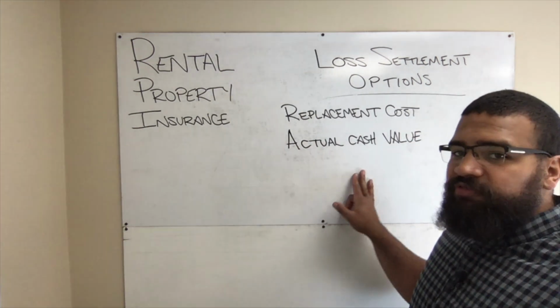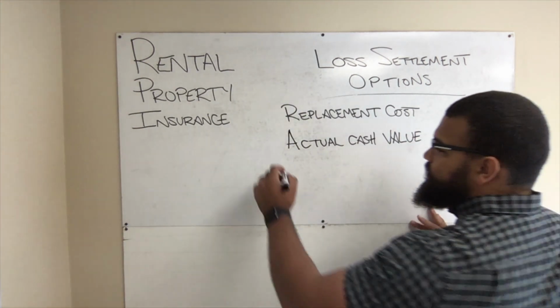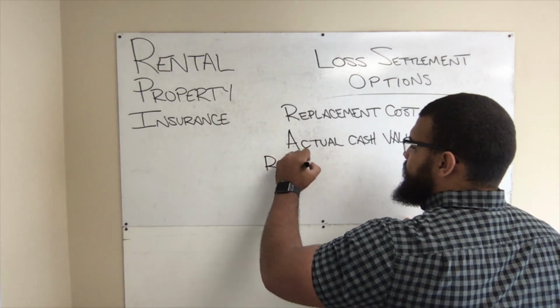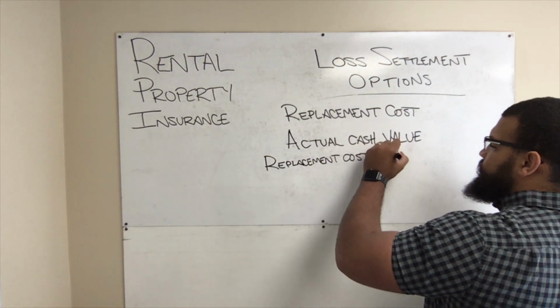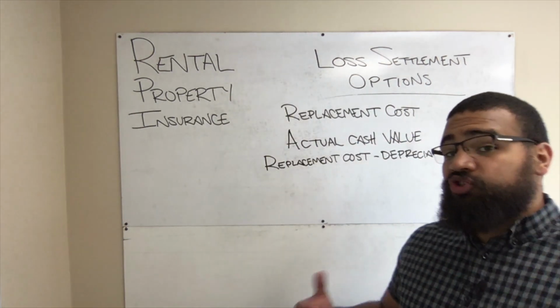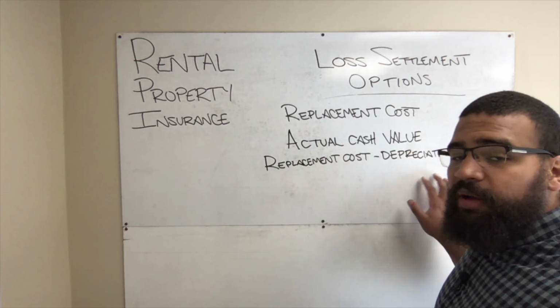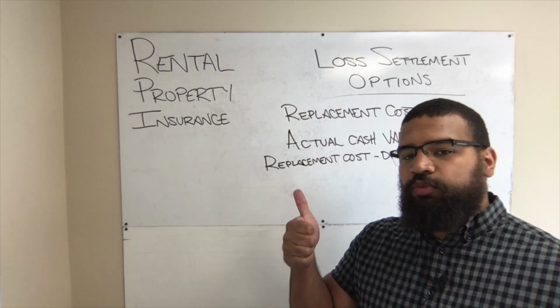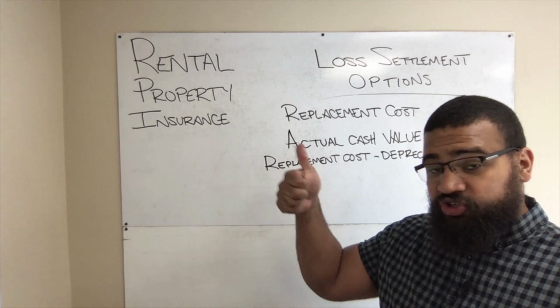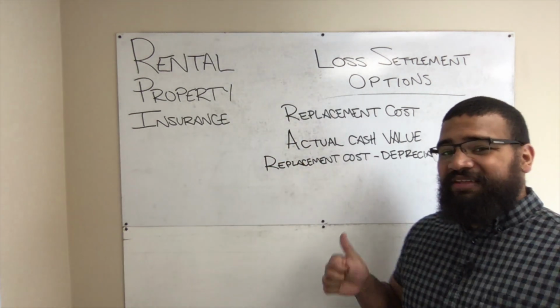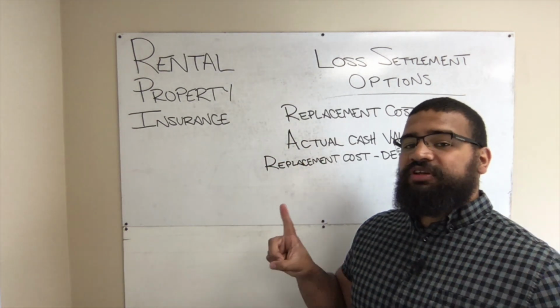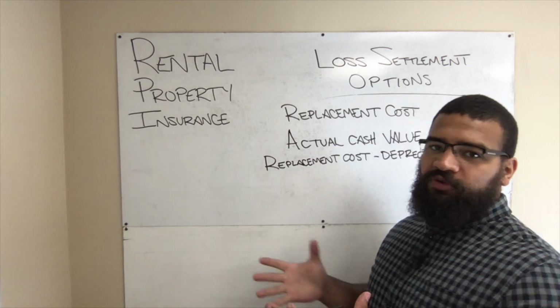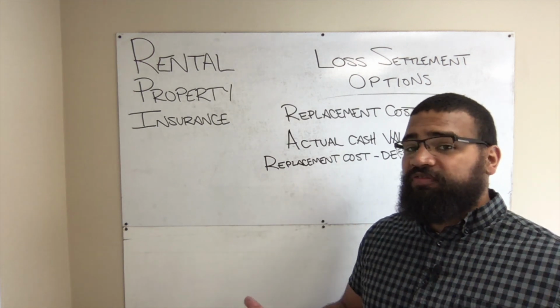So the formula for actual cash value is replacement cost minus depreciation. Now, each insurance company is different in how they come up with the depreciation, but the general rule of thumb, which is just that, just a rule of thumb, is that depreciation is 1% per year up to 50 years or 50%.